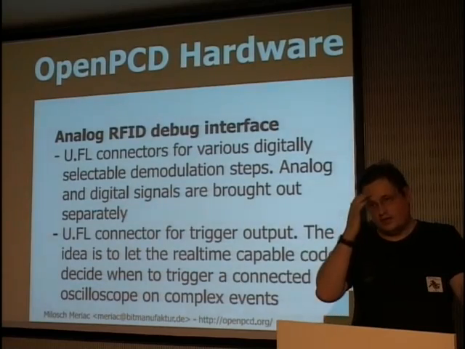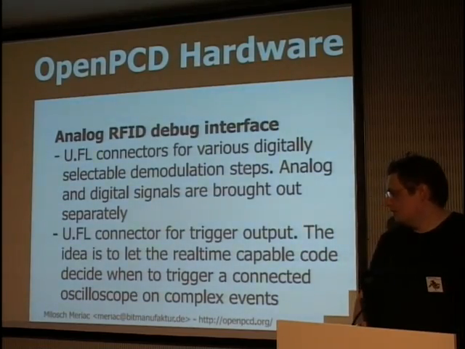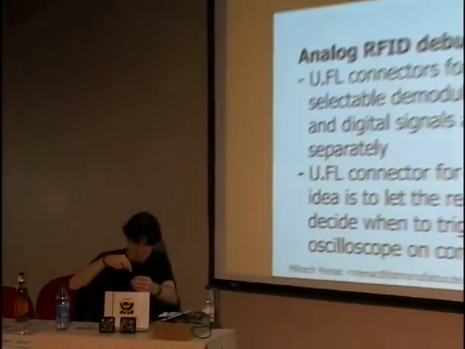These are very tiny HF connectors to bring out these critical signals. And we provide some cables which can be used to easily connect the 3 outputs I told you about to an oscilloscope or whatever.